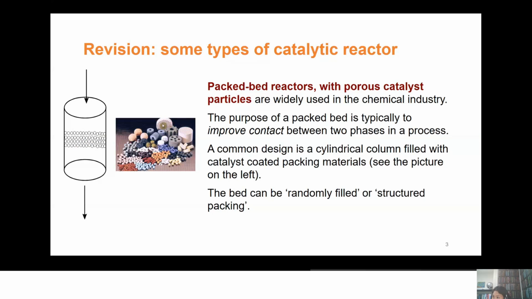Hopefully you can see the honeycomb structure there as well, although it's a little bit small. A common example is the catalyst in catalytic converters in vehicles. That is a monolith. It converts unreacted hydrocarbons and carbon monoxide to water and carbon dioxide, which are less harmful substances, so we can breathe a bit less polluted air in cities.